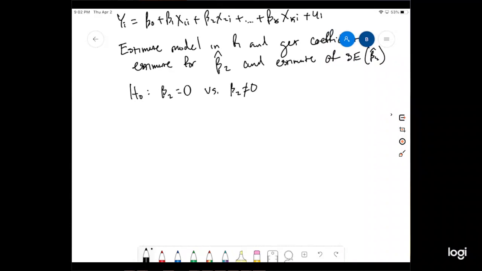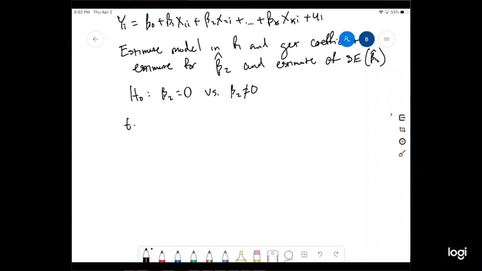So the t-stat is unchanged. It's equal to beta hat 2 minus 0, because our null hypothesis is 0, over the standard error of beta hat 2. That's our t-stat. And what's our rejection rule?